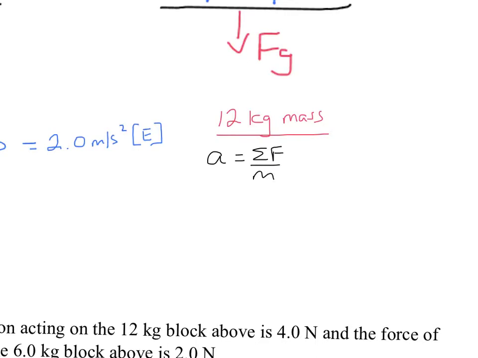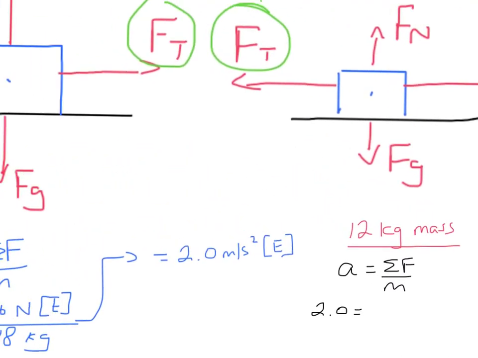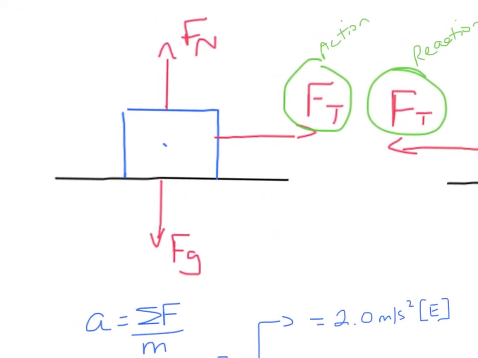Well, we already know that the 12 kilogram mass is accelerating at 2.0 meters per second squared. And that has to be equal to some net force over mass. If I look at the free body diagram, I think most of you can see that, first of all, this normal force and this force of gravity must have the same magnitude since my block is staying level with the surface.